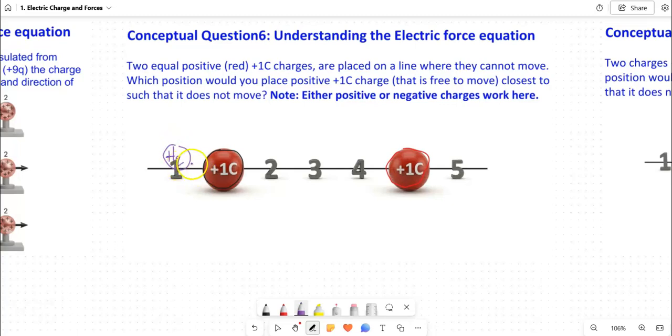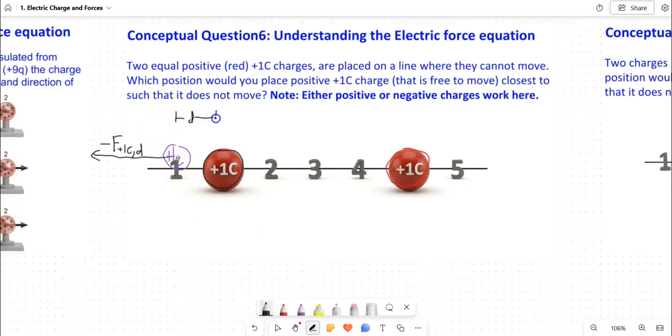Well, this purple positive 1q charge is really close to this black positive 1 Coulomb charge, so that force is going to be really large, and it's going to be to the left. This is due to the black positive 1 Coulomb charge, which is a distance d away.